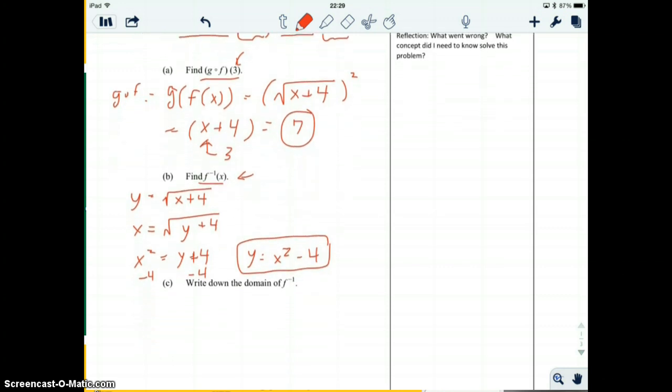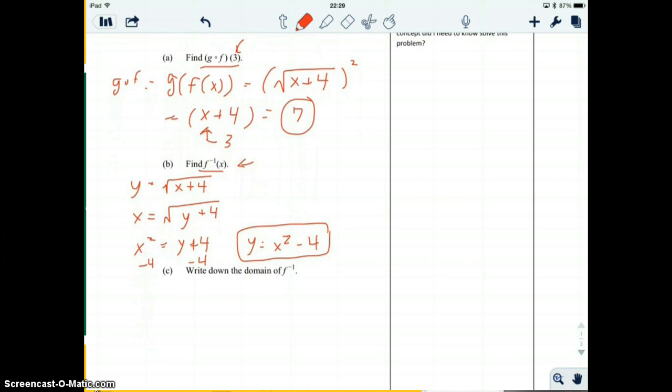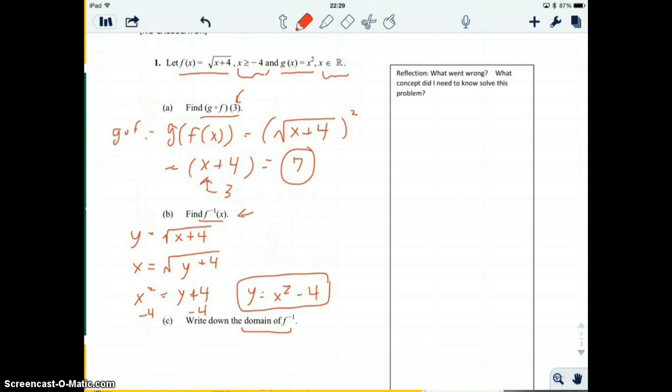Write down the domain of the inverse function. Let's see, x squared minus 4. The domain of the inverse function is going to be the range of the function. So let's go look at what the range of the function is. The function f has domain x is greater than or equal to negative 4.